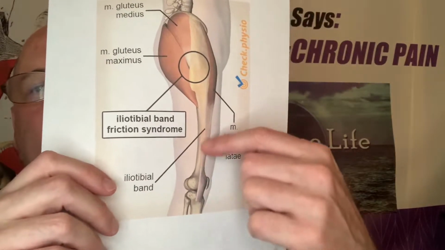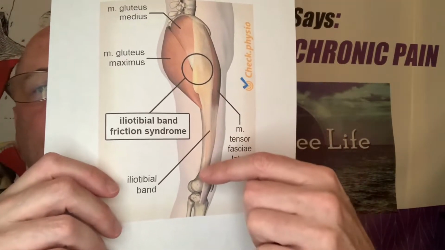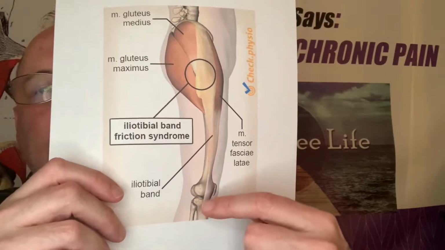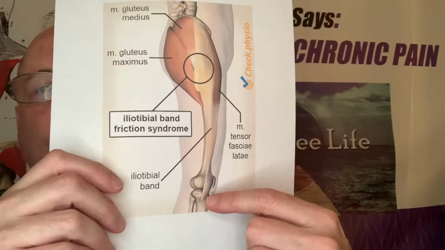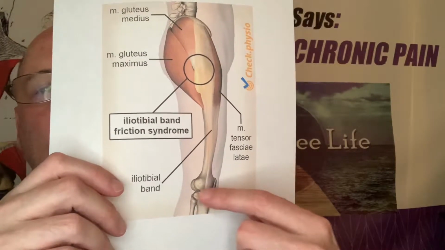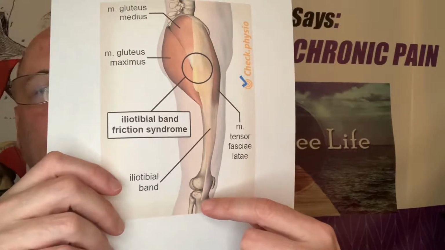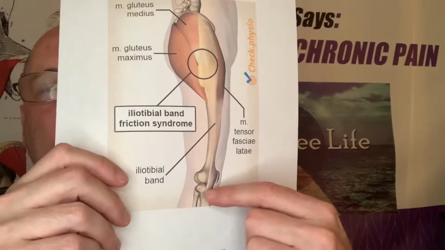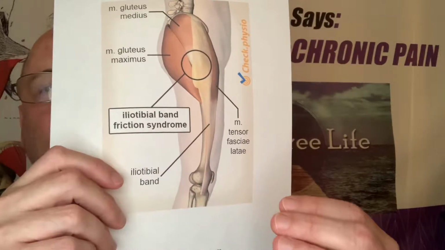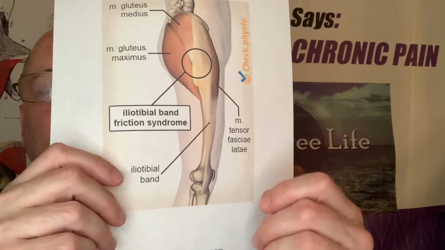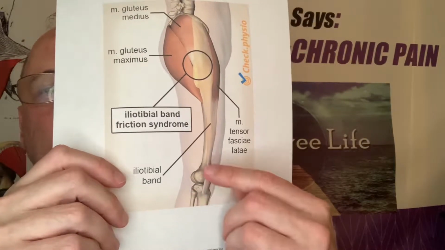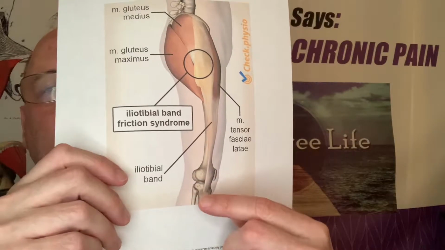So if you were to have some altered load on this, it's going to cause an altered force on its attachment to the bone, and it actually doesn't attach to bone. It actually attaches to periosteum, connective tissue, that is surrounding the bone. So you're getting an excessive pull on periosteum, and since periosteum is connective tissue has the highest density of pain receptors, that's why you would feel pain at the side of your knee.